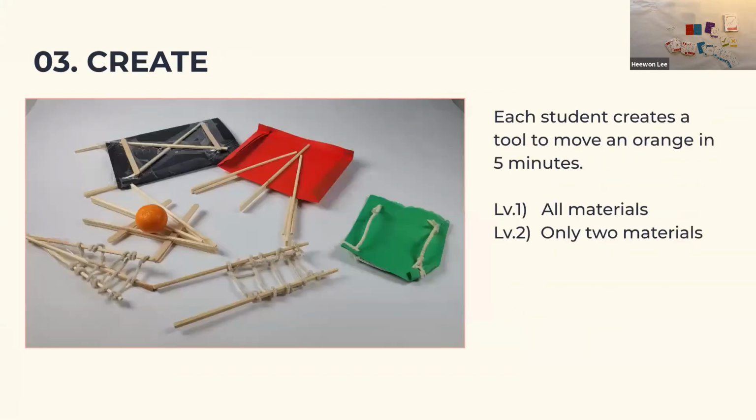In the create stage, they're going to create a tool in 5 minutes. There are 2 rounds in the create stage. In the first round, students can use all of the materials given, but in the second round, they can only use 2 materials to create a tool.